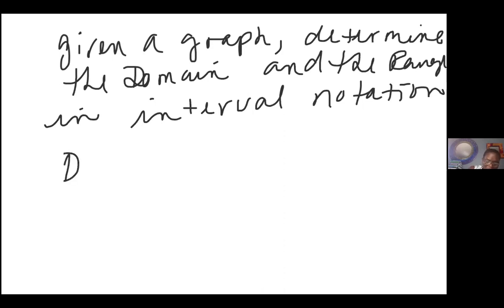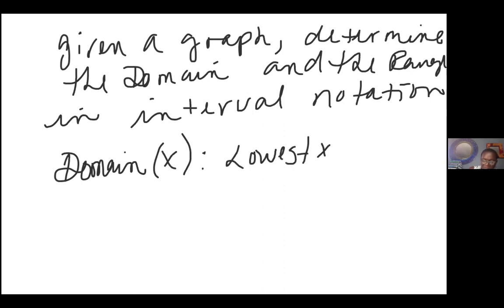We call that the domain, guys, represents all the x's in the relation. So when they're asking for the domain, they're looking for what is the lowest x on this graph at which this graph is defined. What is the lowest x at which this graph is defined? And then what is the largest x value on which this graph is defined?